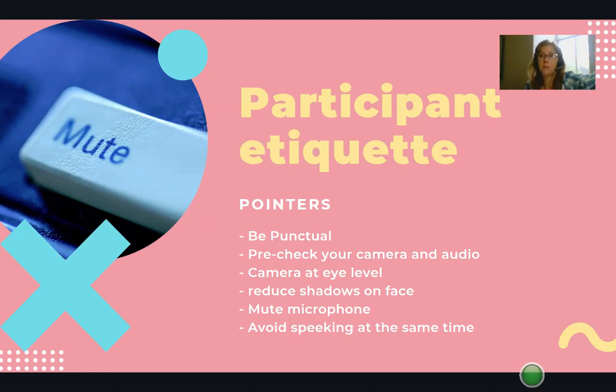If I turn this off, you'll see I should get a bit dark. It's not terrible, but it does make it harder to see. Ideally, if I was going to change my setup, I would be facing the window and then it would light my face. It would just make it a little nicer looking, but do what you can.